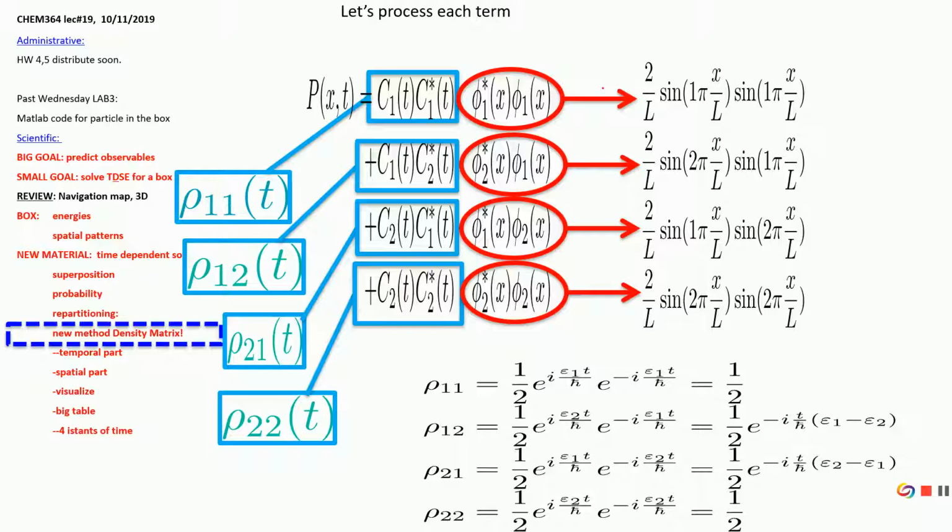And for the elements where indices do not coincide, we have a product of exponentials going forward in time and backwards in time with different eigenenergies. When we combine them into one exponential, we can consider propagation forward in time with energy 1 minus energy 2, which is some negative energy.